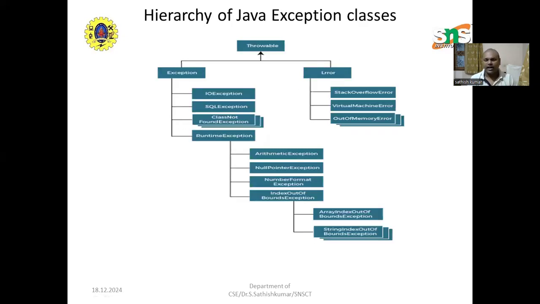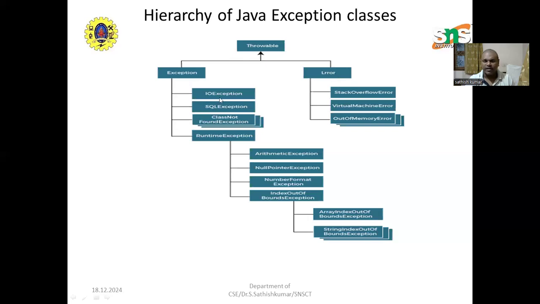So this is the diagram. You see we have Throwable, which is a class. Under Throwable we have Exception and Error.